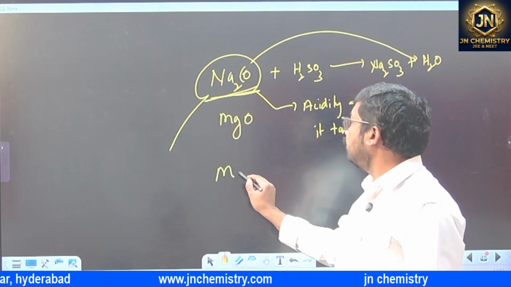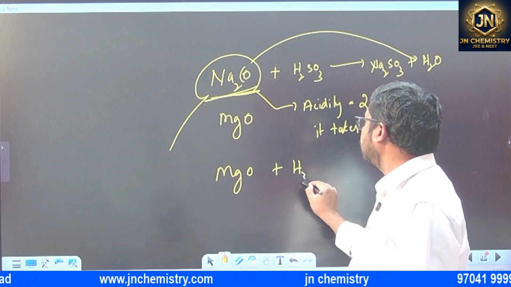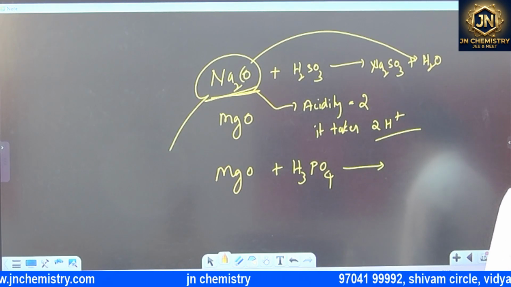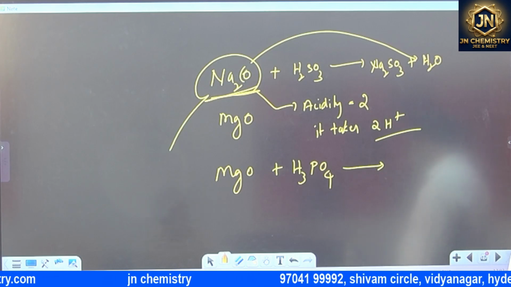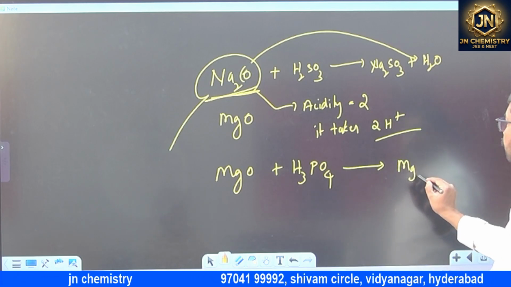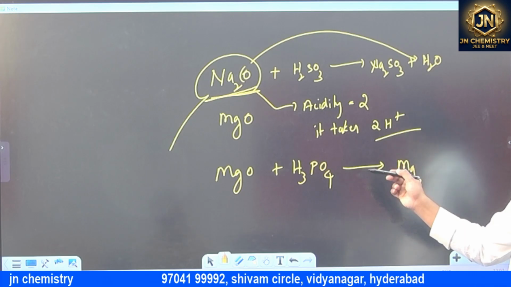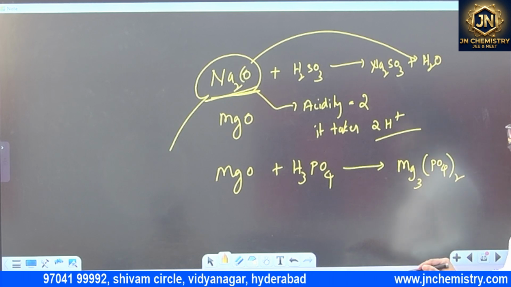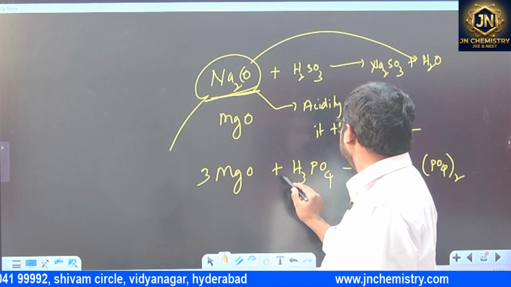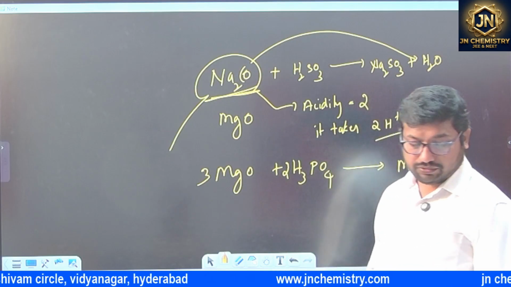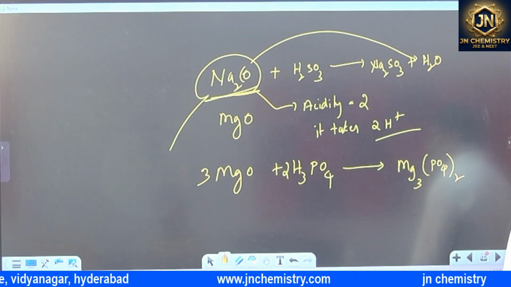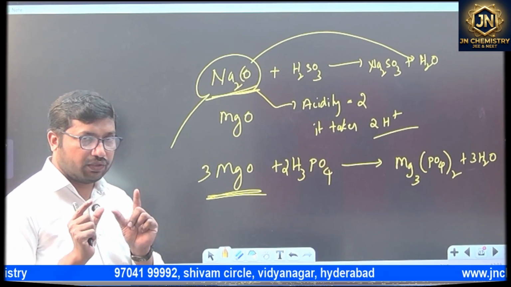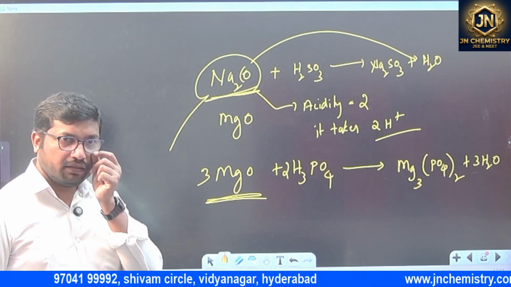For example, MgO plus H3PO4 gives Mg3(PO4)2, that is 3 MgO plus 2 H3PO4 gives Mg3(PO4)2 plus 3 H2O. I told you it is the number of H plus ions taken by 1 mole.